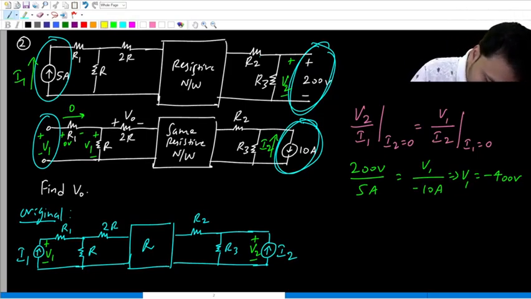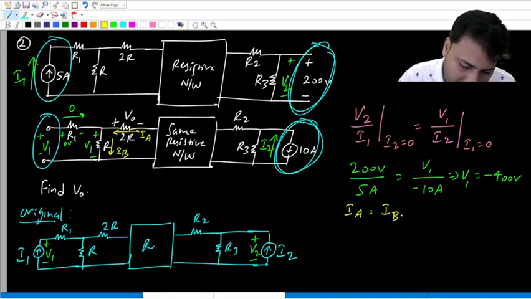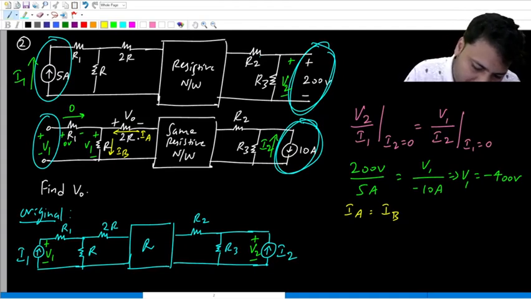Now this current will be the same as this current. Okay. Let us call this current IA and this current IB. IA equals IB. What is IA? It is minus V0 by 2R. What is IB?